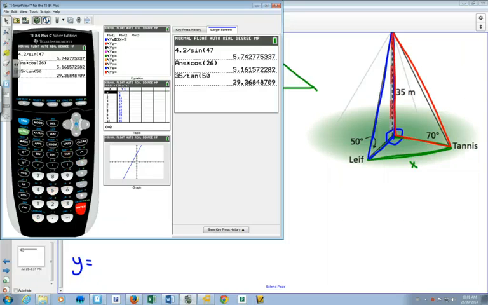Enter. 29.368... with dots to show that it goes on forever. I'm going to store this value, hit my store button, alpha, the letter y, because that's the variable that I chose.